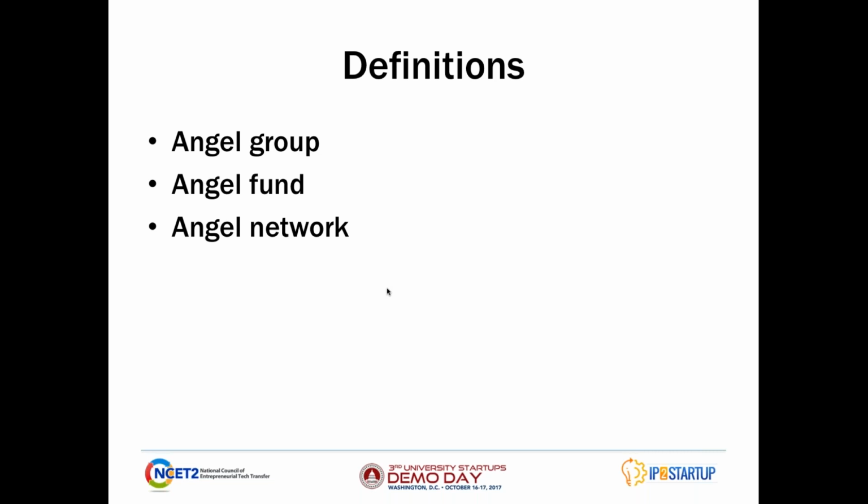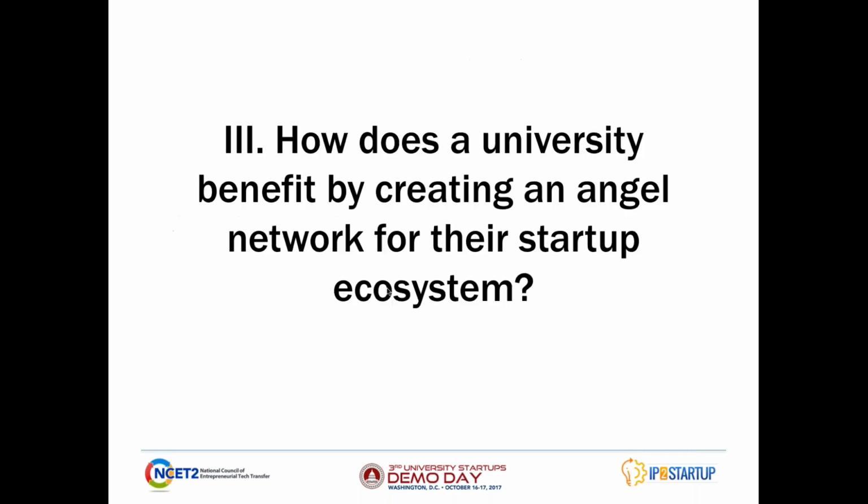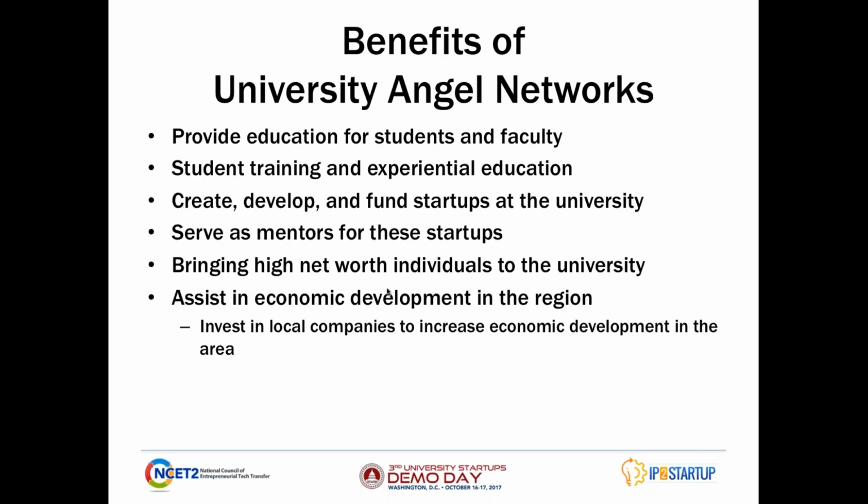Now, let's turn to the third point, and that is, how does a university benefit by creating an angel network for their startup ecosystem? Well, the next slide talks about the benefits of a university angel network. Number one, and this is one thing you really want to stress, it does provide education for students and faculty.